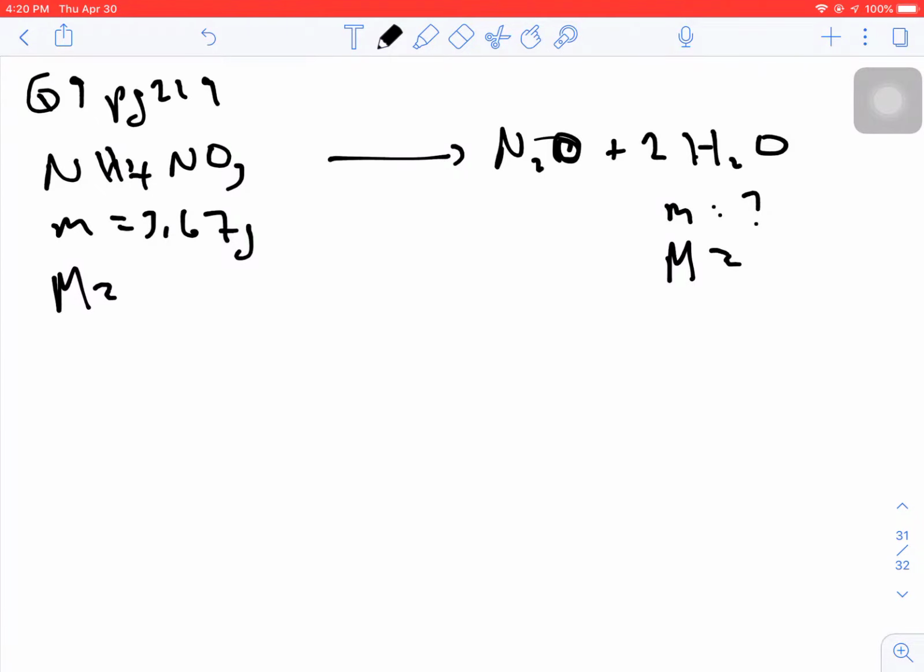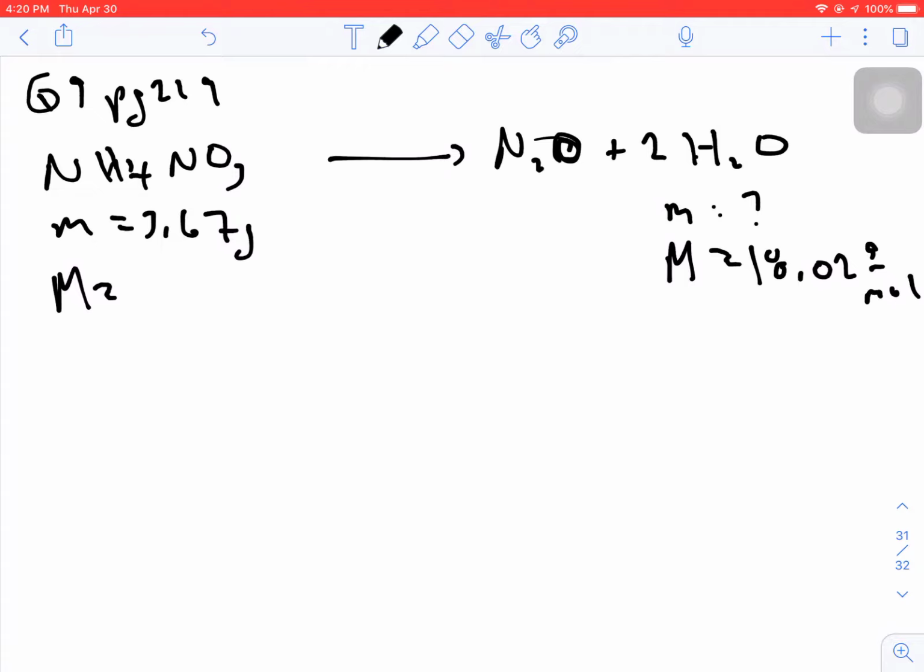Molar mass for water is 16 for oxygen and 2 hydrogens, makes 18.02 grams per mole. There's my molar mass for water. Not 2 waters, molar mass, 1 mole. Okay, so it's 1 oxygen and 2 hydrogens, 1 H2O.